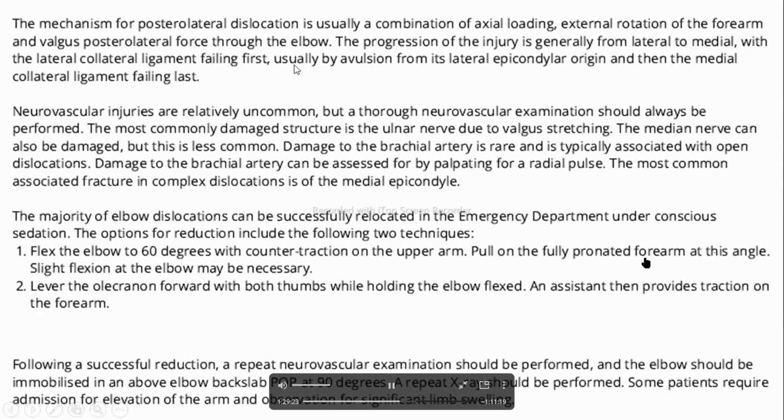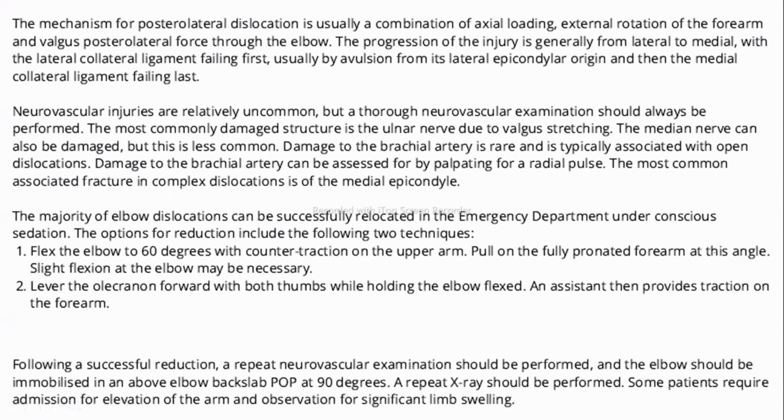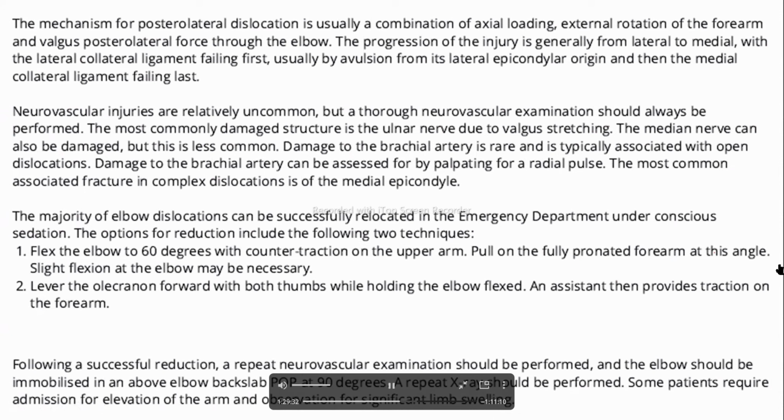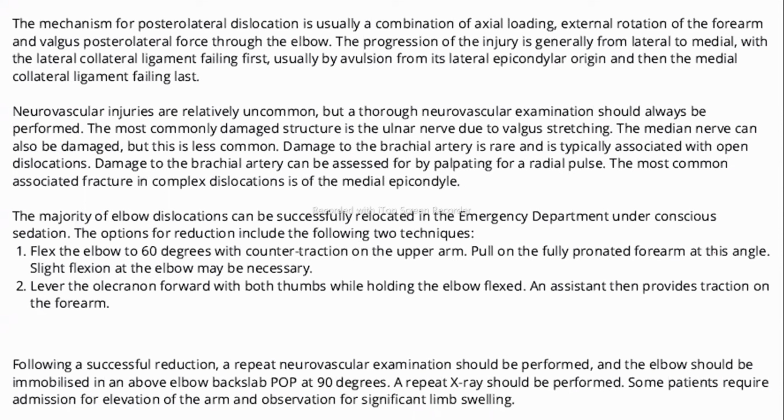Posterolateral. So it's in front and posterior. In the posterior, the most common is the anterior interosseous, and in the posterolateral, it is the ulnar. The most common associated fracture is of the medial epicondyle.